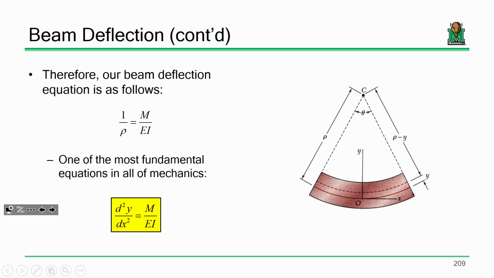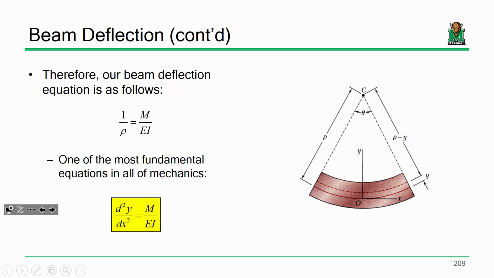So to start, remember, we were looking at beam deflections, and we derived our fundamental differential equation for beam deflection. That is that the second derivative of deflection is M over EI. Arguably, this is one of the most fundamental equations in all of mechanics and in all of engineering.